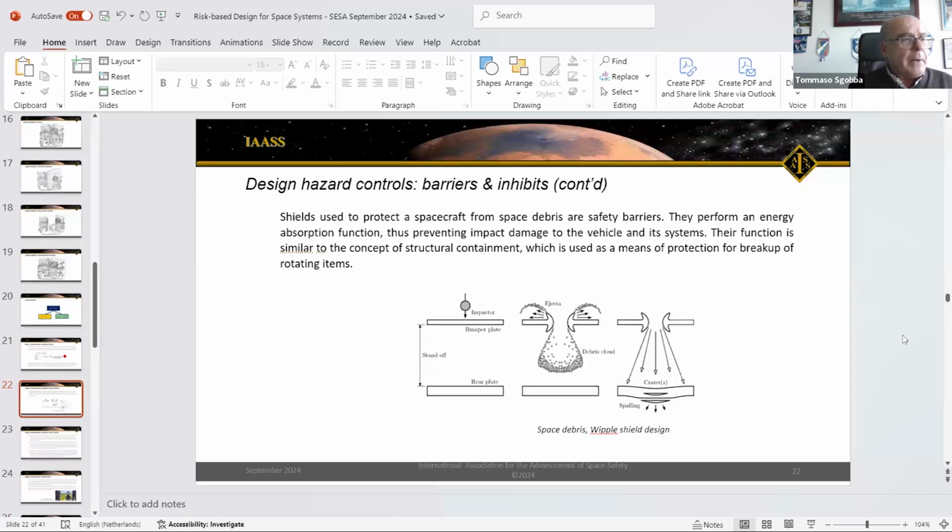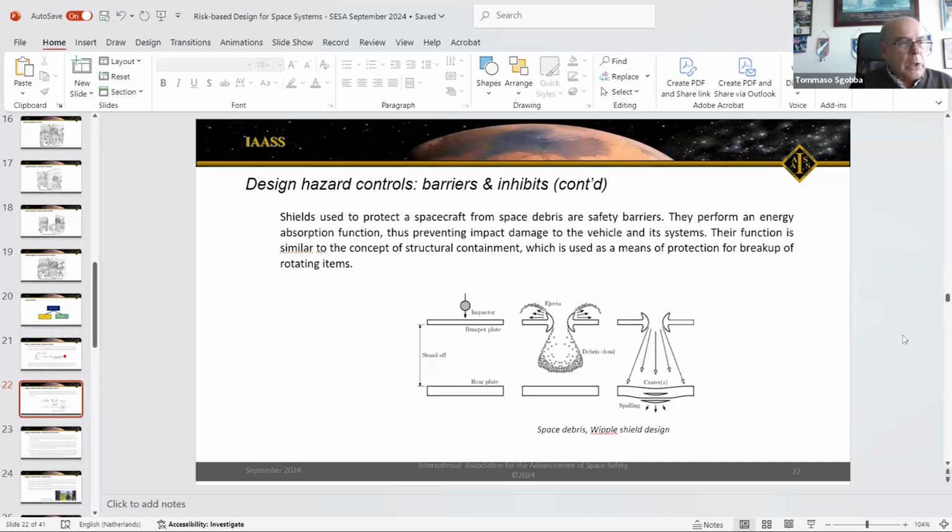There are other barriers that are used in space. For example, for debris, there are special panels which are installed on human, crewed spacecraft, which are meant to absorb the heat from space debris and reduce the damages that they can cause to the spacecraft.